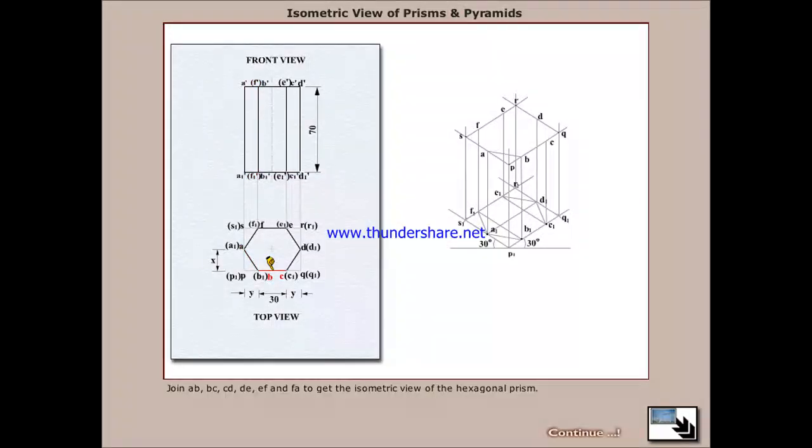Join AB, BC, CD, DE, EF and FA to get the isometric view of the hexagonal prism. Now darken the visible edges of the prism in the isometric view.